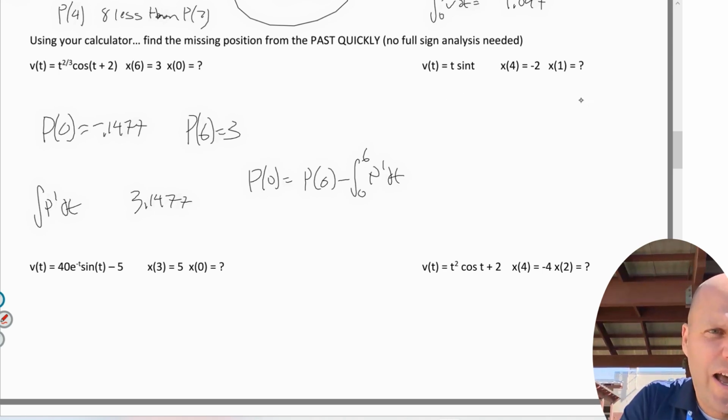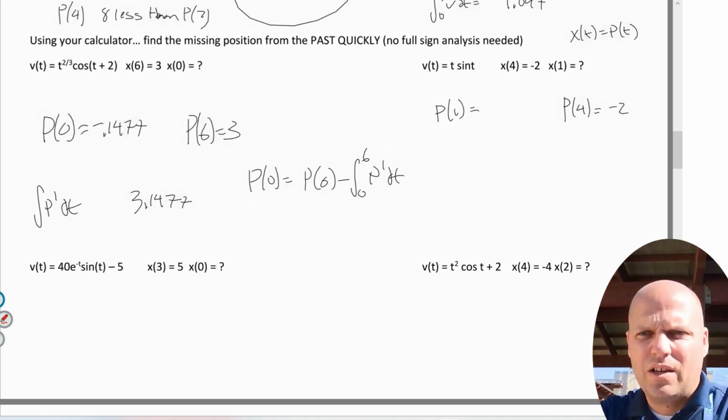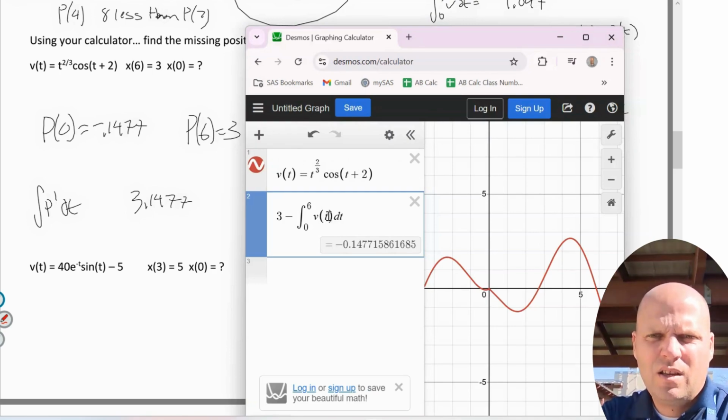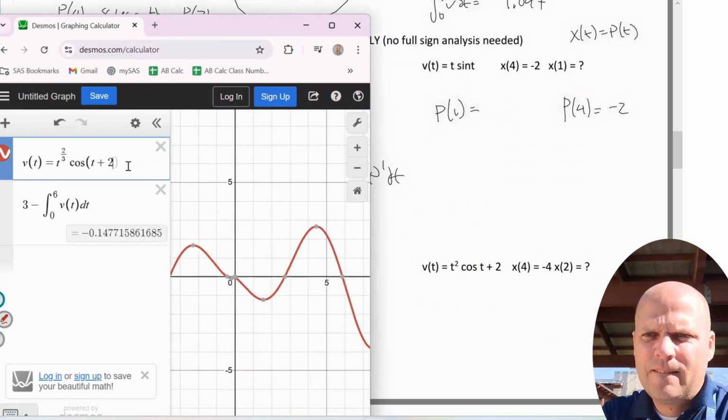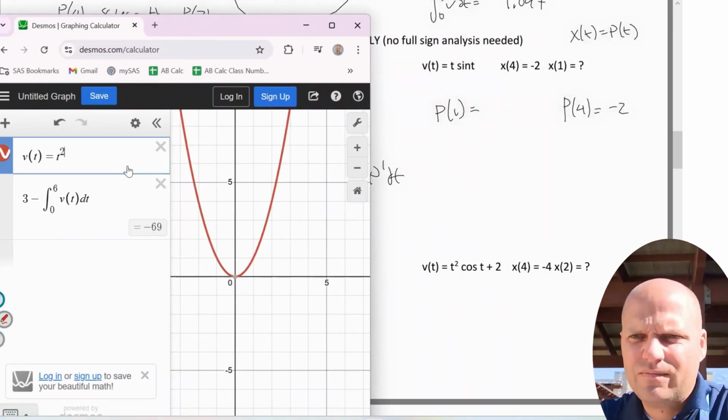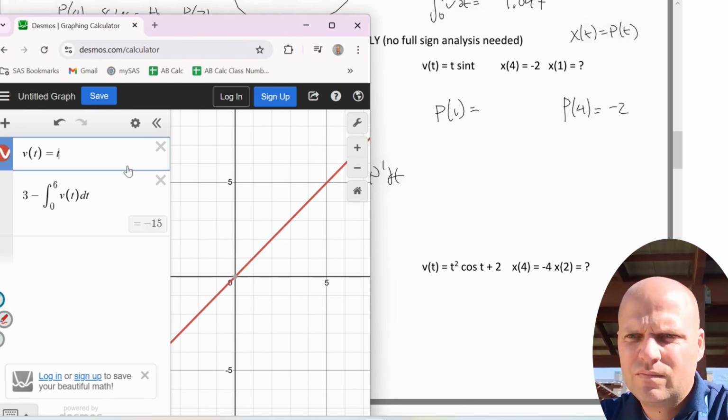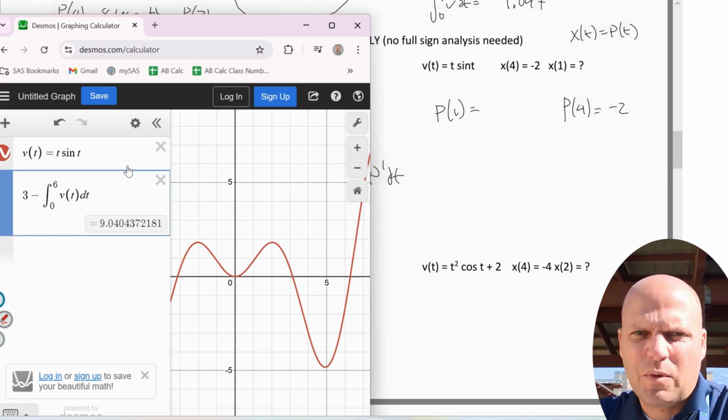All right, so I have my position at time 4. Just make sure we understand that, like, we probably need to write that x of t equals p of t. My position at time 4, I'm trying to find my position at time 1. I am going to look at t sine t, look at it from 1 to 4.